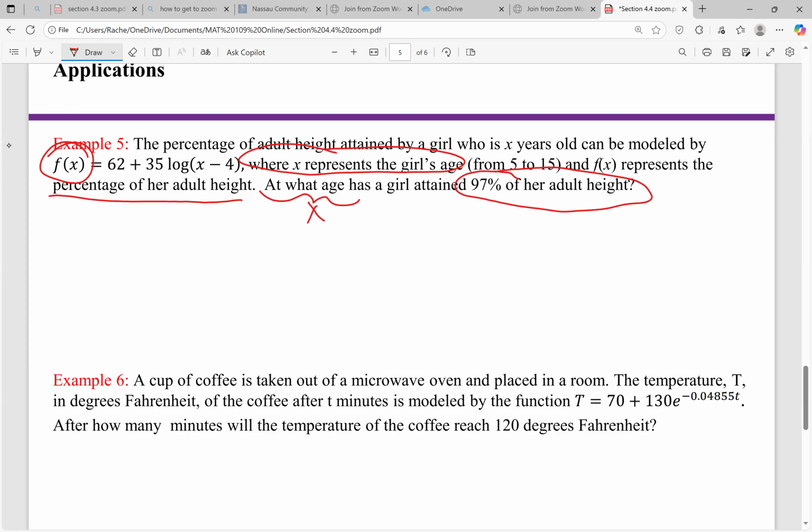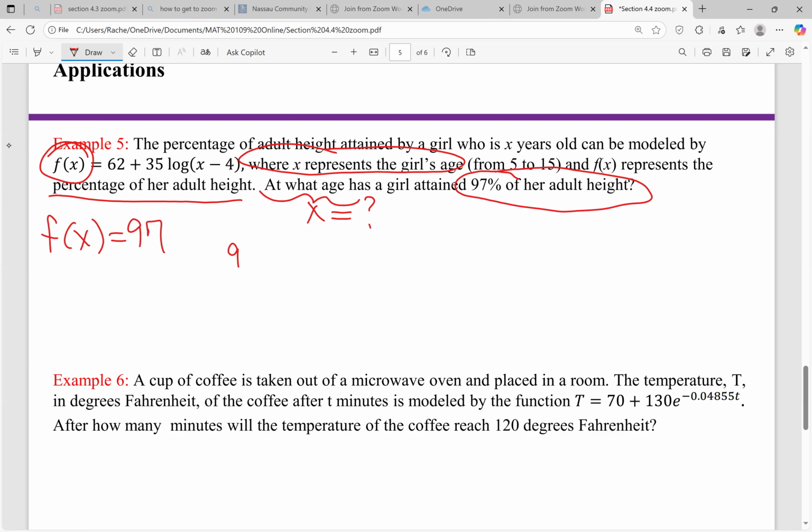So we're being told that the percentage of her adult height, f of x, is equal to 97%. We want to know at what age does that happen? So we know what y is, or f of x, right? The output, but we don't know what the input is. We don't know what x is, her age. So let's set f of x equal to 97.